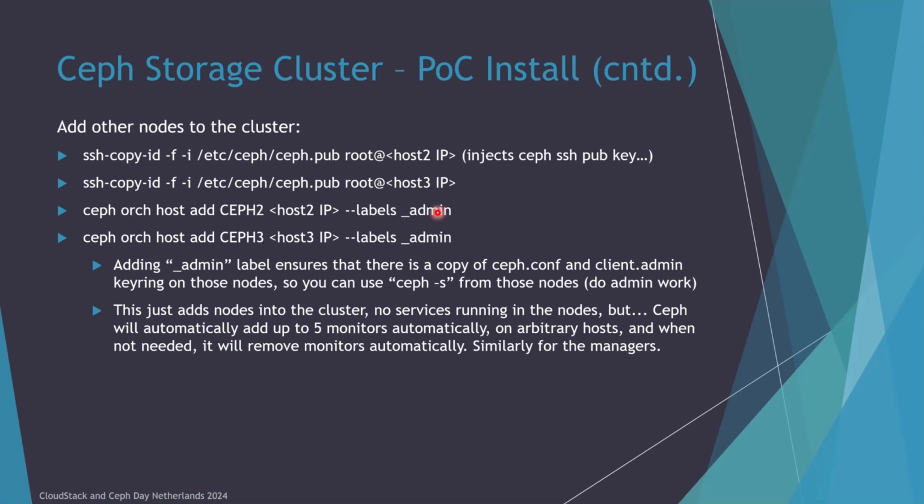If you actually go ahead and check the documentation, you will see that Ceph spins automatically, unless you configure it differently, monitors. There are ways to do it differently, but it will automatically spin a minimum of 3 up to 5 monitors on arbitrary nodes. If there is a load increase, there will be 5 nodes.